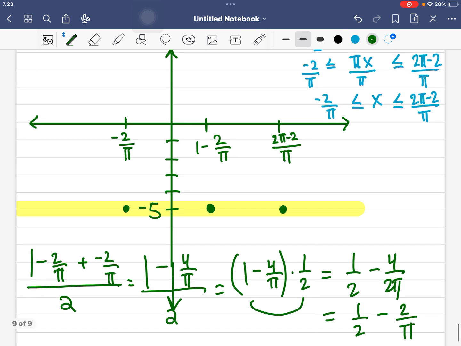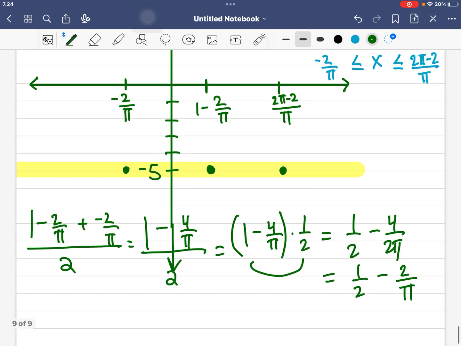So do y'all notice that it's less here, right? And this is 0.5. And that number is 2 over 3.1415 and so on, right?